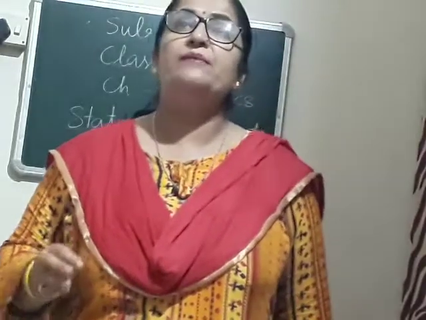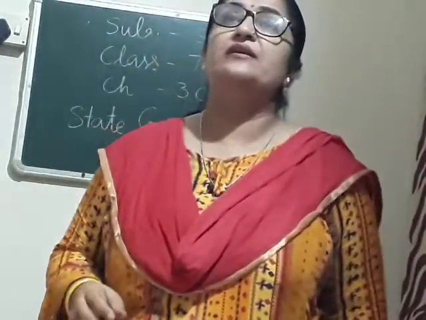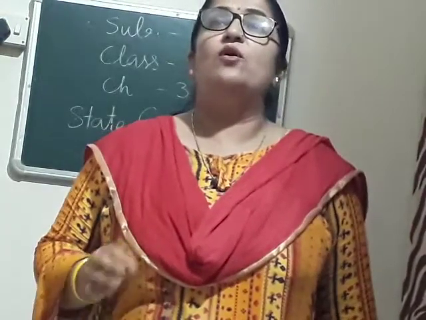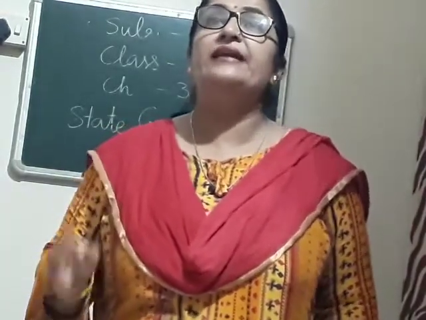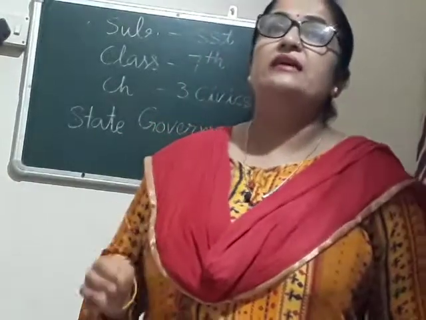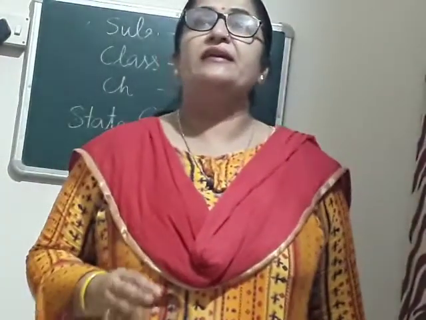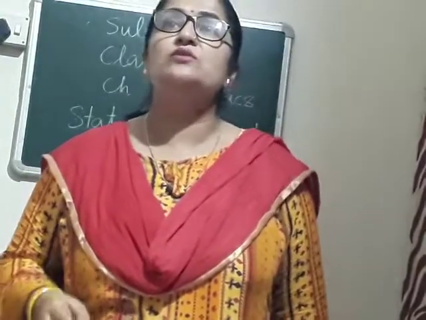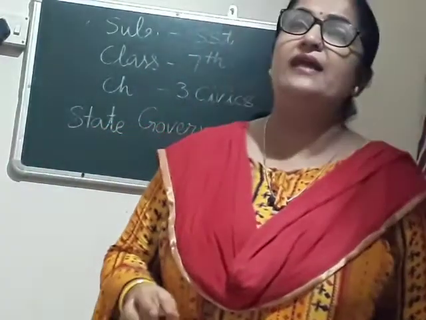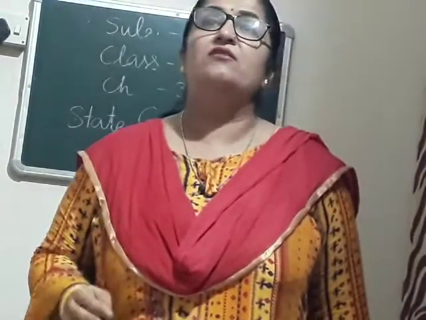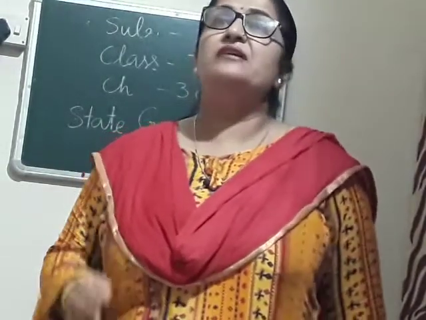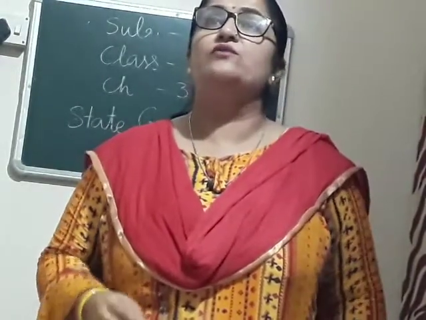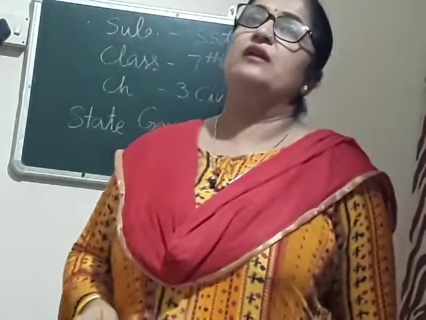He or she can reduce the punishment term or pardon a death sentence in matters affecting state laws. And the governor can also report to the president that the state government is not functioning according to the constitution.